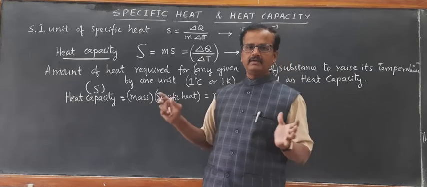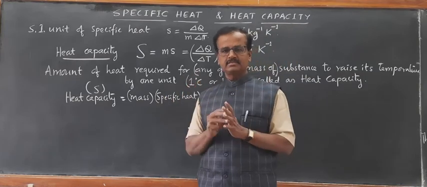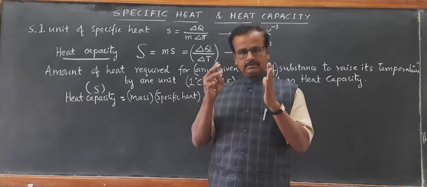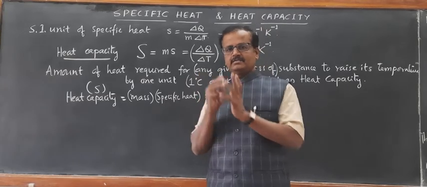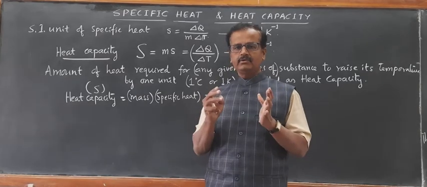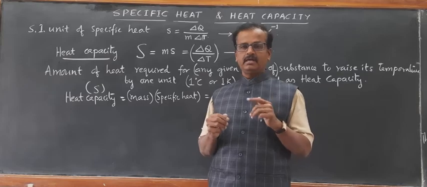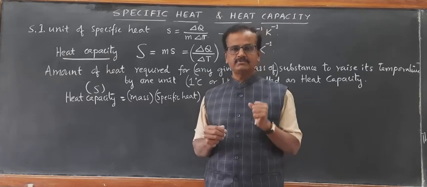Now I will list some of the substances and we will study the nature of the substance and its specific heat. Then you will come to know how the specific heat value differs from substance to substance and which one has the highest value of specific heat.